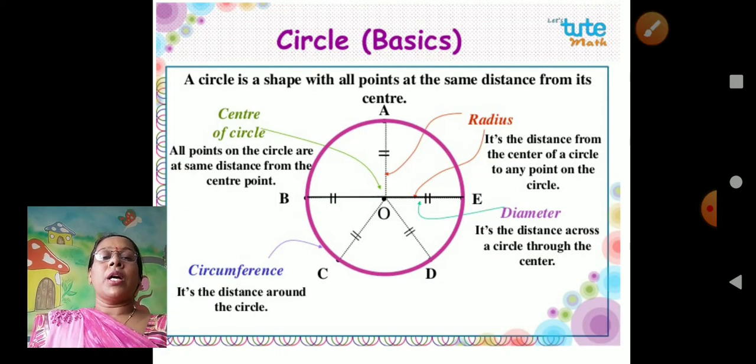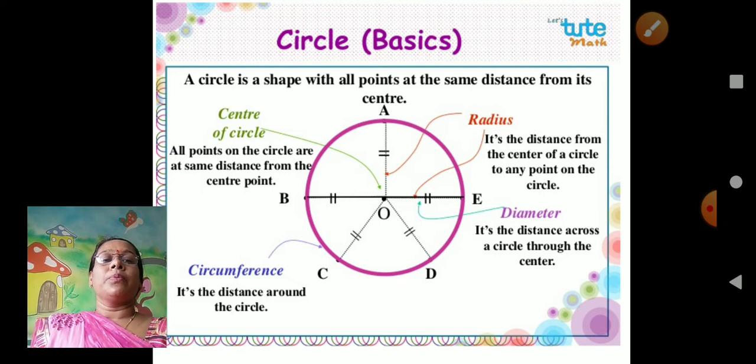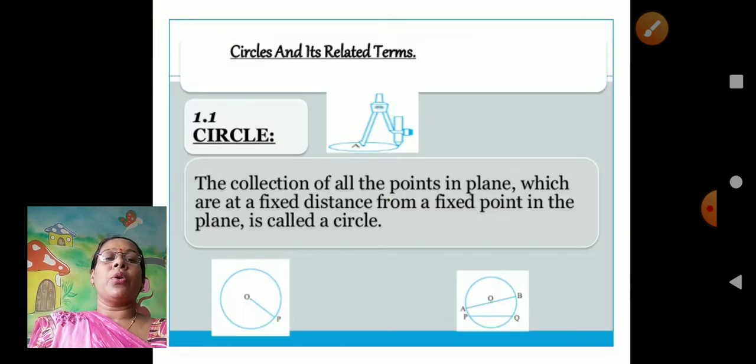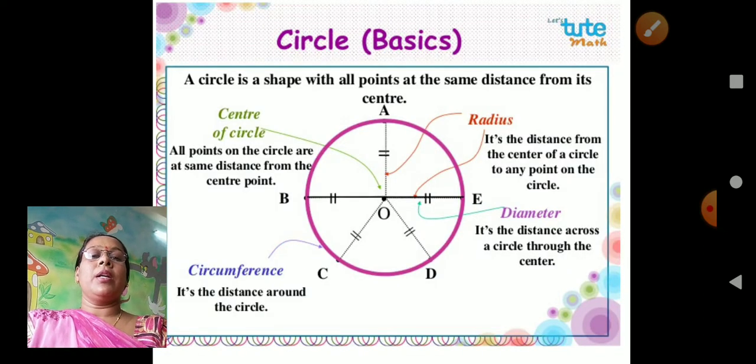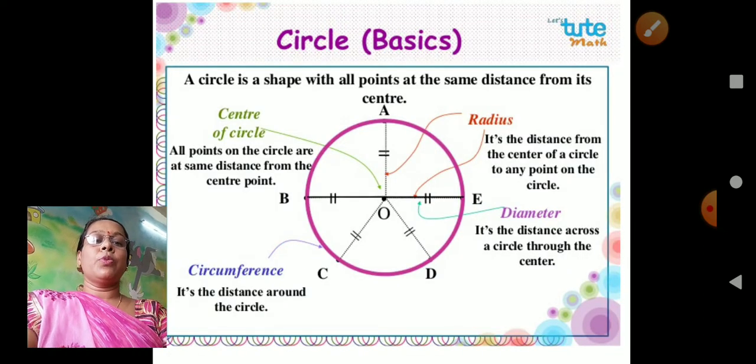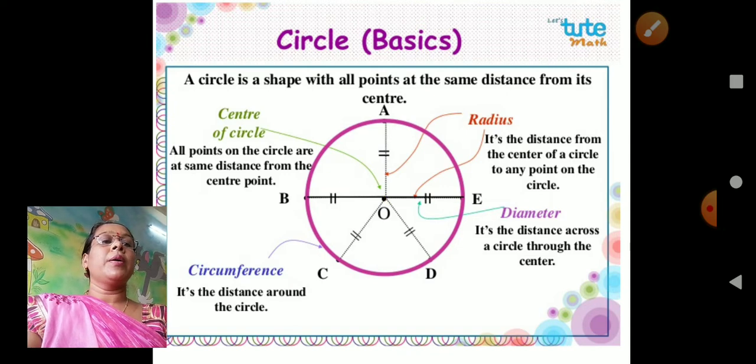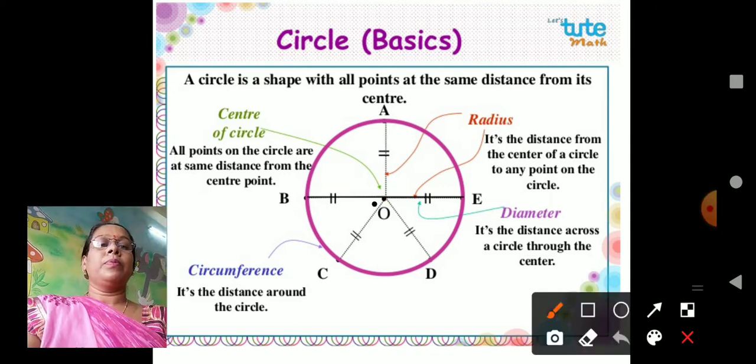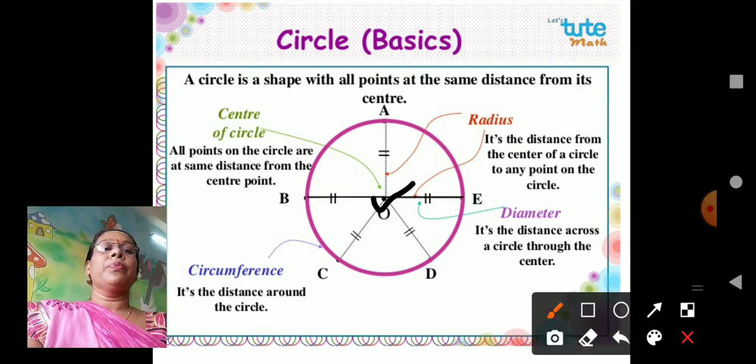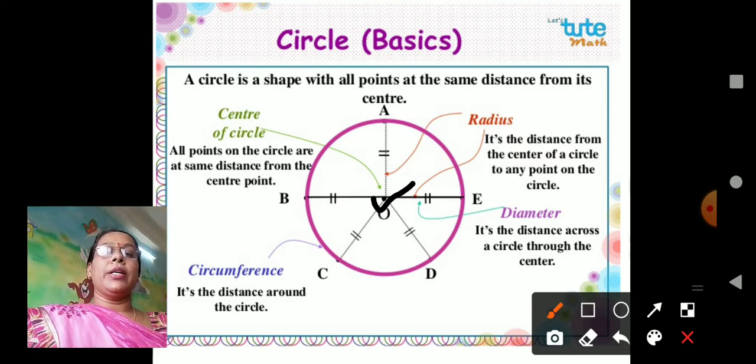Now, which are the different parts of the circle? Firstly, the fixed point is called the center of the circle. This point O is the center. OA, OE, OB, all these are called radii of the circle.